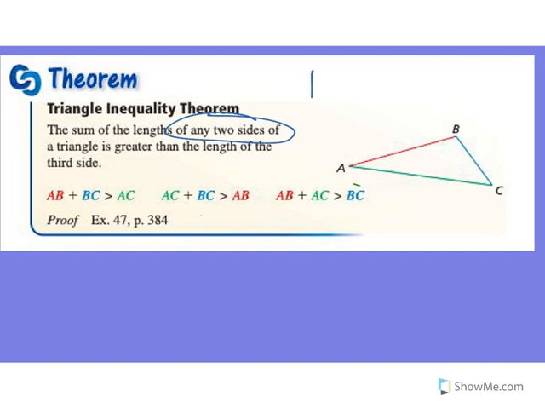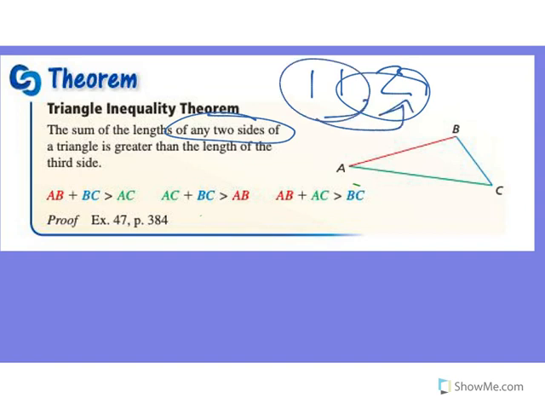So you cannot make a triangle that has sides 1, 1, and 2 because 1 plus 1 is not bigger than 2. Usually we look at the two smallest to see if they're bigger than the third, because if they are, then everything else will work too.